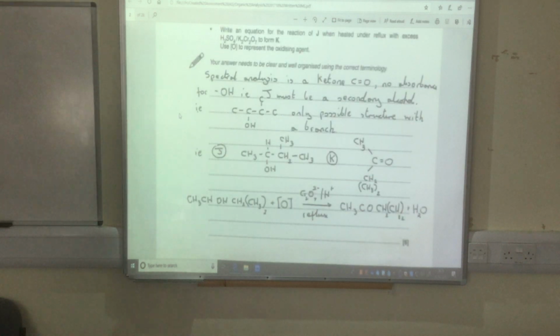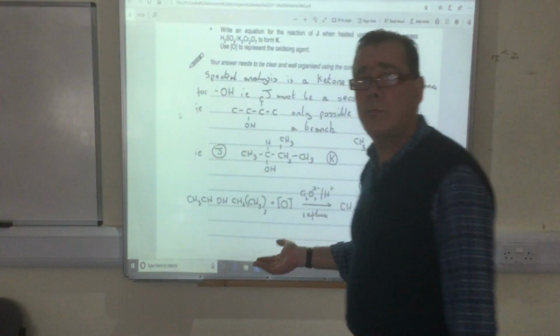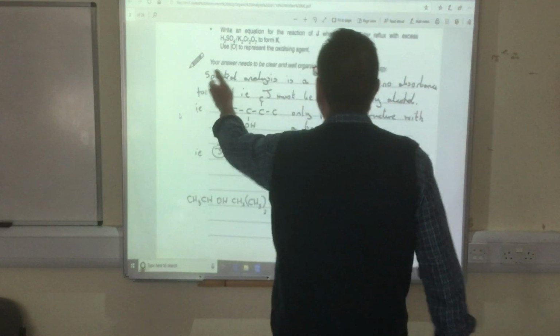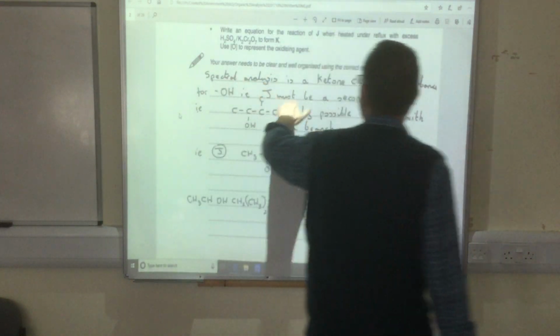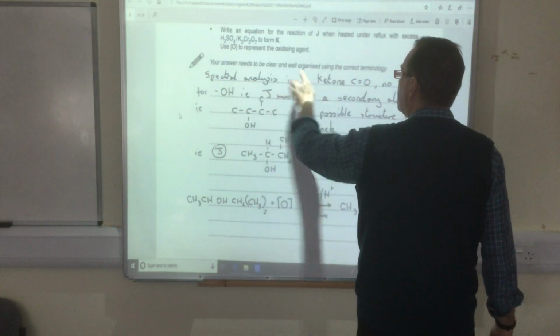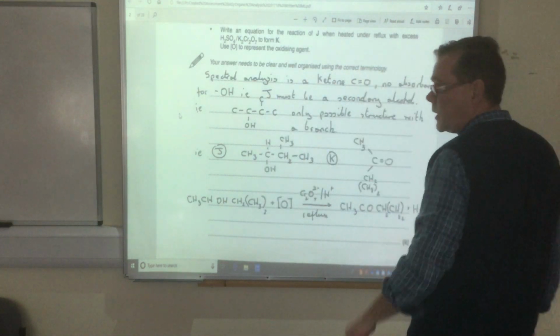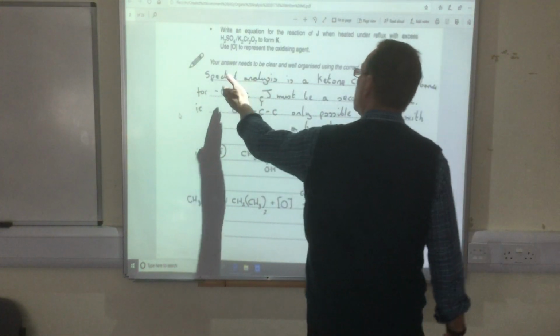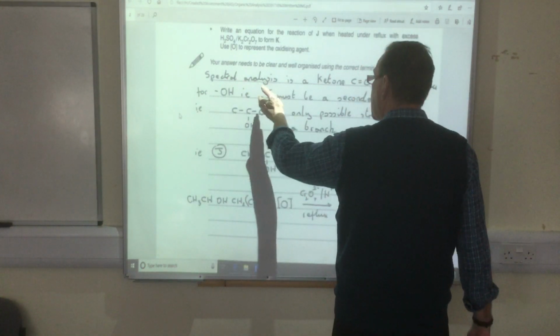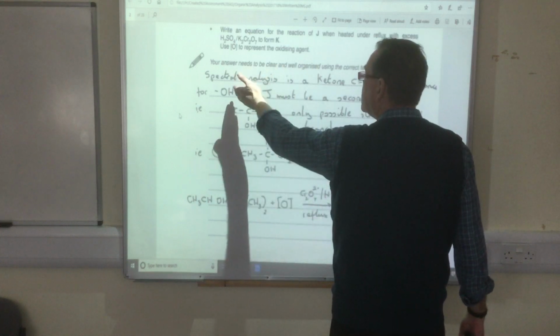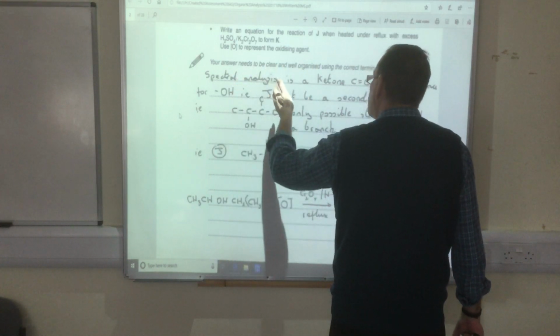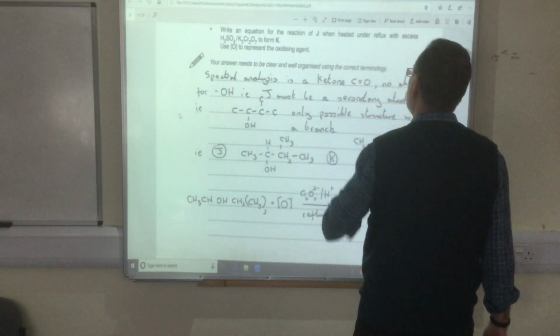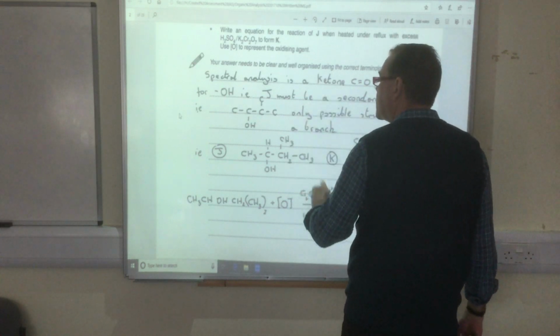Here we go. 6 marks, dead easy. You shouldn't have a problem with this. So, spectral analysis, that's what I've just been saying to you, shows that K must be a ketone. C double bond O, K is a ketone, because there's no absorbance for OH. So for J, there's no absorbance for OH on the spectral analysis. So you've formed a ketone. J must be a secondary alcohol to have formed the ketone.